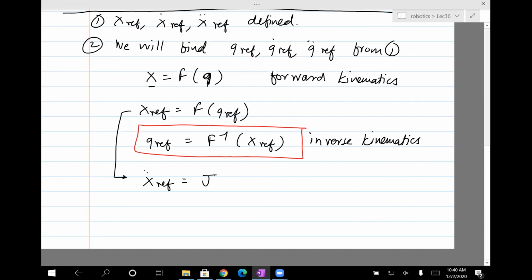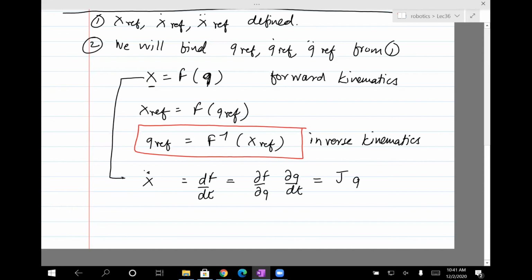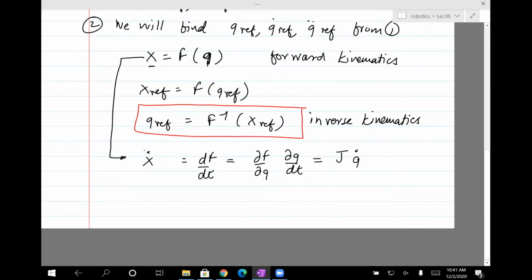So it will be df dt, because we're taking the derivative with respect to time. But then that is df dq times dq dt, which is the Jacobian times q dot. Sorry, let me write this as x dot. This is more generically written like this. So x dot equals df dt, which is J times q dot, right?